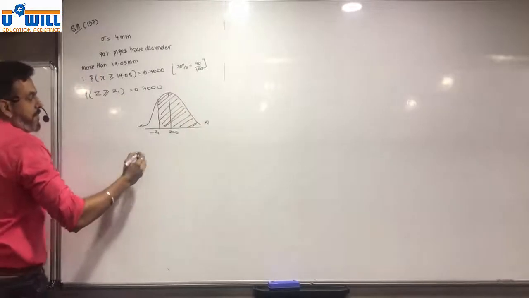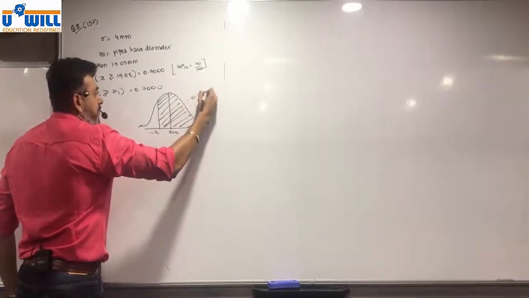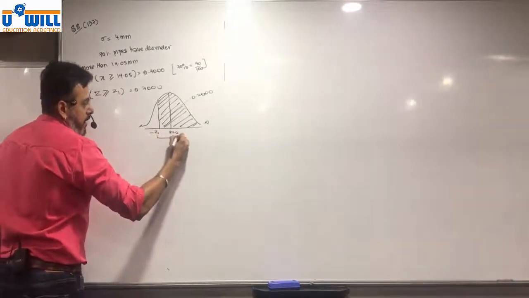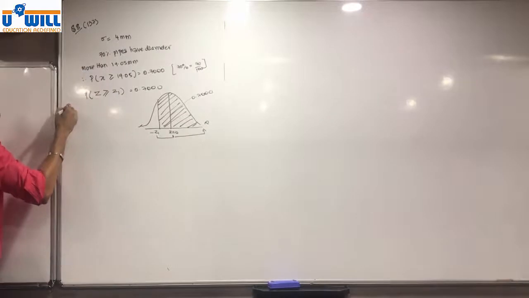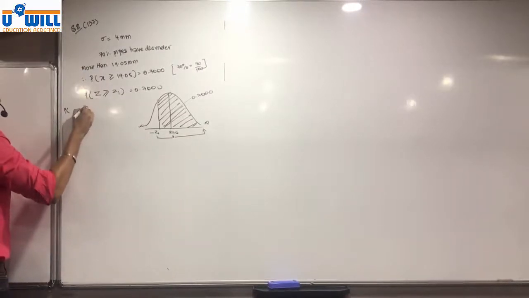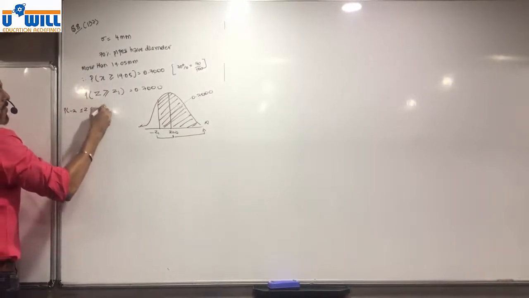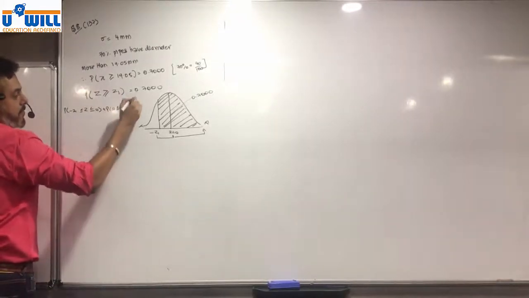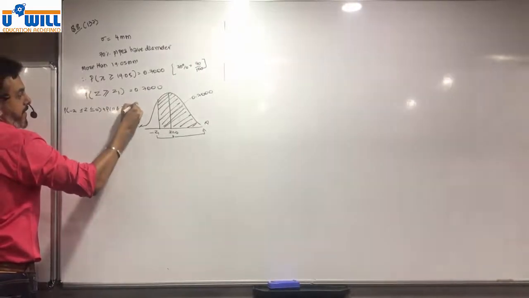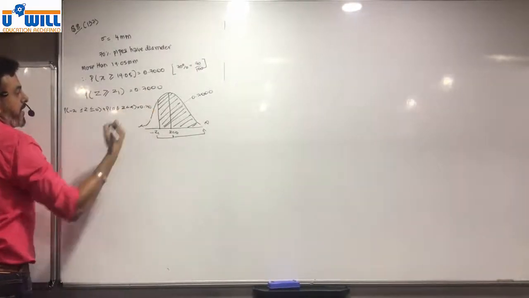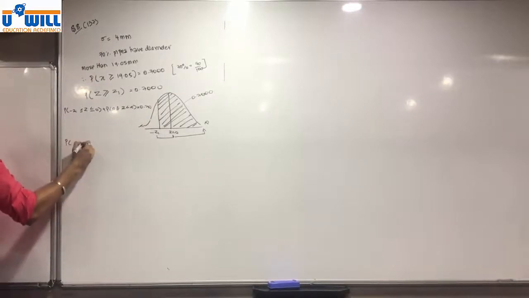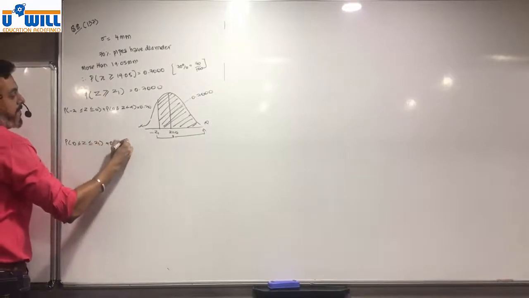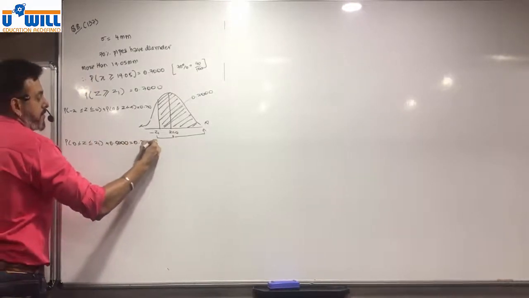Now the equation will be: this complete area is 0.7000. The equation will be from minus Z1 to 0 and 0 to infinity. So probability of Z greater than or equal to minus Z1 and less than or equal to 0, plus probability of Z greater than or equal to 0 and less than infinity, is equal to 0.70. So probability of Z between 0 and Z1, plus 0.5, is equal to 0.7.